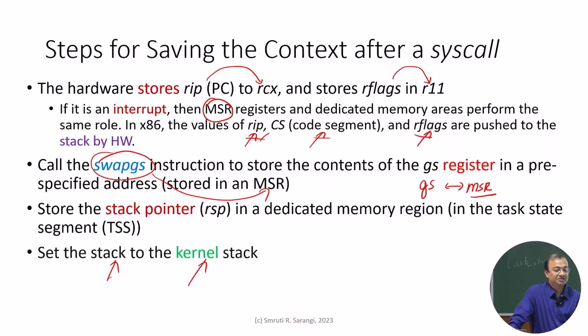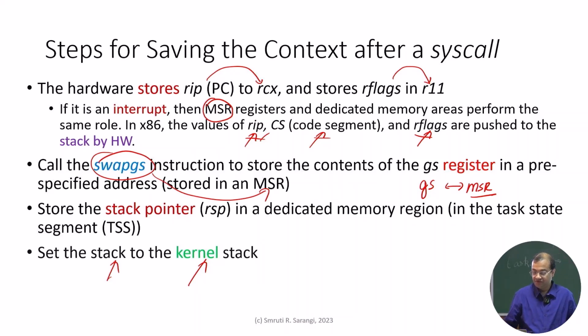Then the GS segment register goes in a model-specific register. But now the question is, where do you store the stack pointer? You store the stack pointer in another dedicated hardware area known as the TSS, which is called the task state segment. That is where your stack pointer is stored.